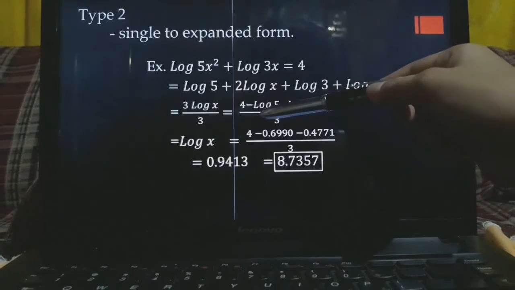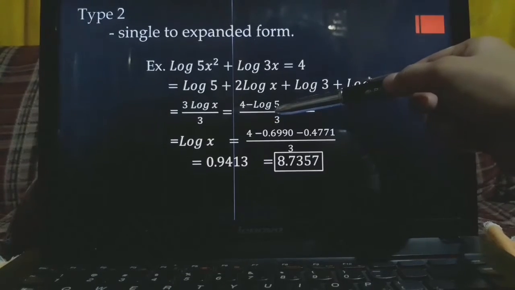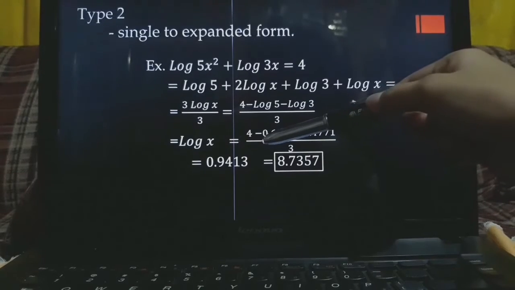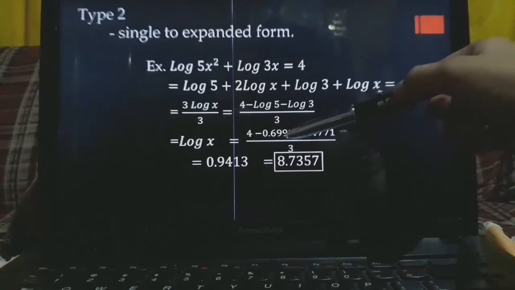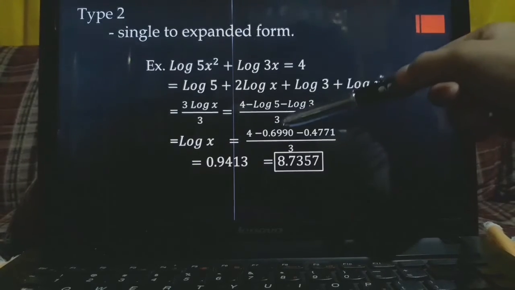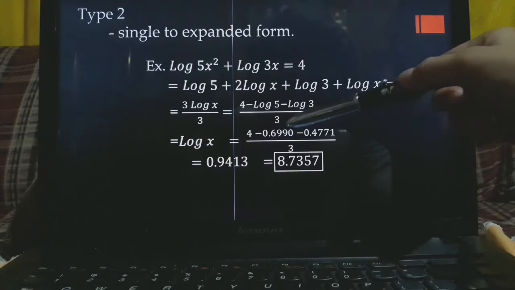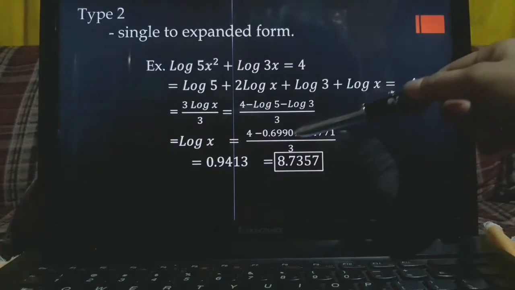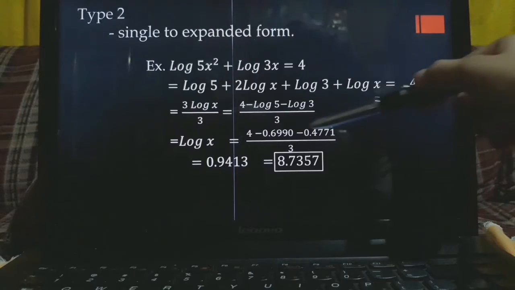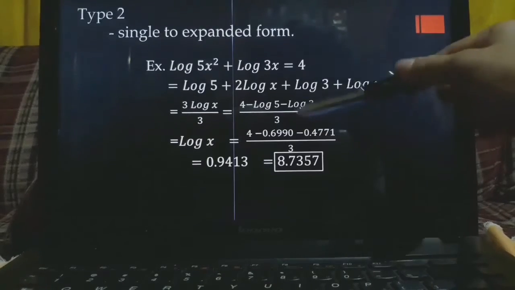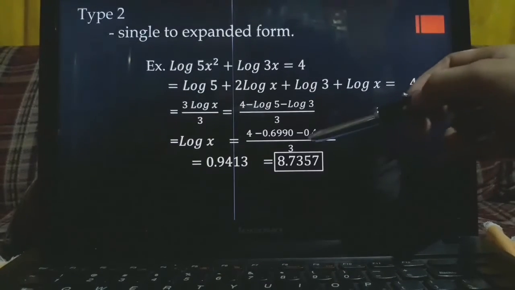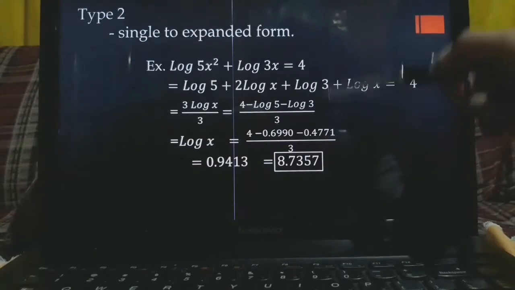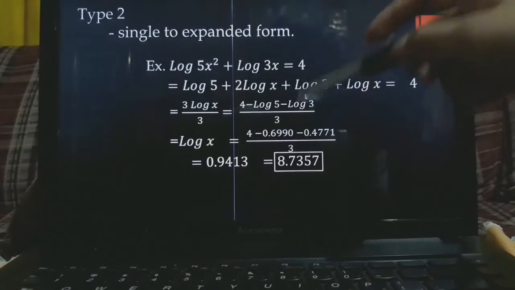Input this on your calculator, log of 5. Then the answer will be 0.6990. Just get 4 decimal places. Minus, again, input this on your calculator. The answer will be 0.4771 over 3.